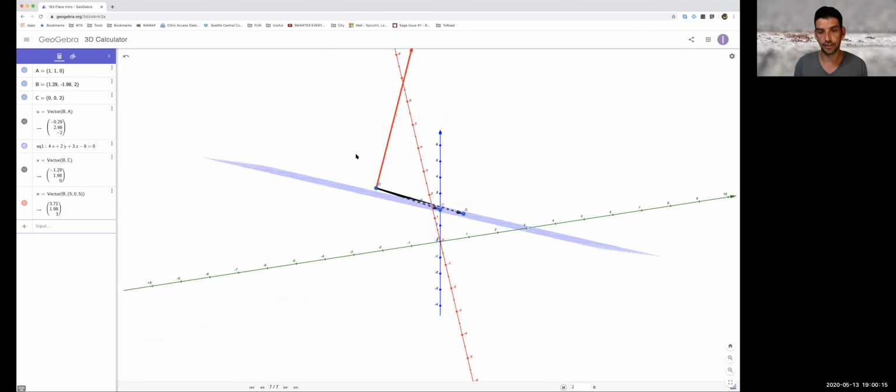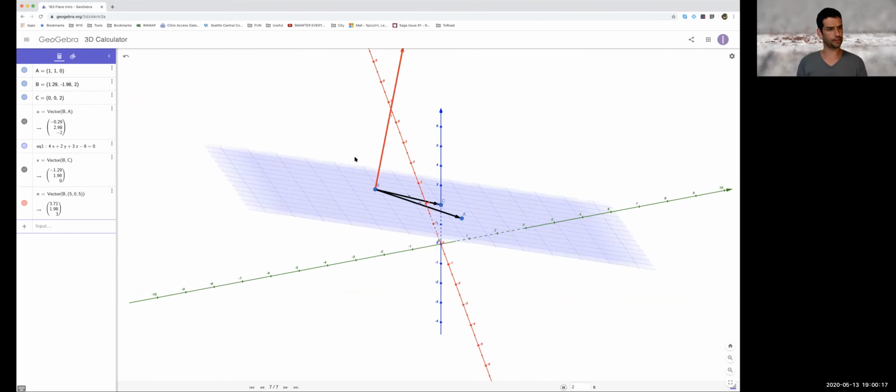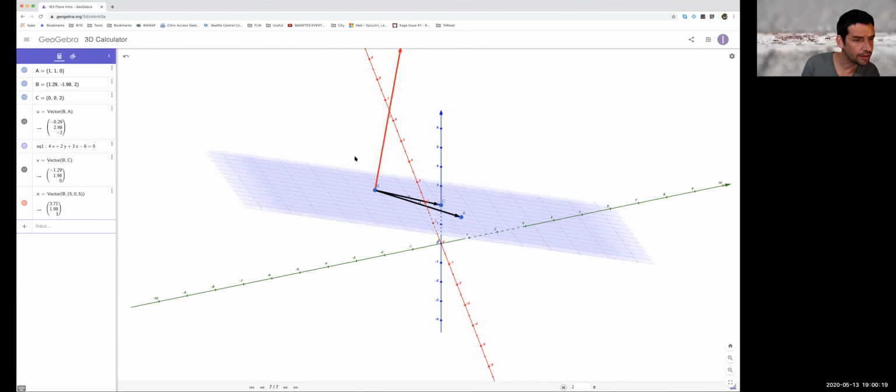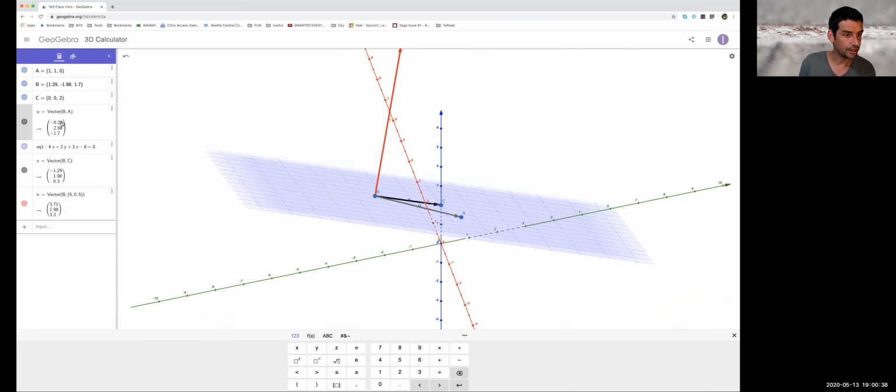The normal vector is, oh, something's off. I must have an error. Oh, I moved one of my vectors when I touched it for you guys. Let's see if I can get it back to where it was. Sorry, I see these values over here are now all way off because I moved things around. Give me 1 second. Let me just re-enter those values when I see what U and V are.